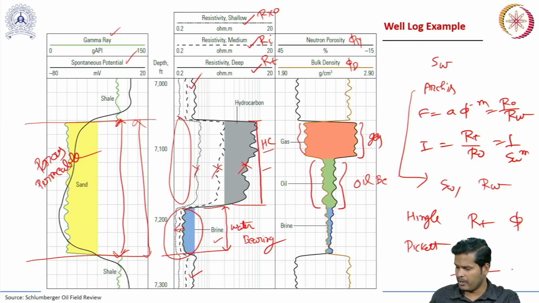For example, we can plot Rt and phi. We can take different data points from different zones and plot them together, and we can identify the patterns and do the calculation on these patterns to find out the formation water saturation at different zones and our formation water resistivity, and it can also help us in identifying some other rock properties. So once we have discussed all the porosity logs, we'll discuss this cross plot method for well log interpretation in detail.